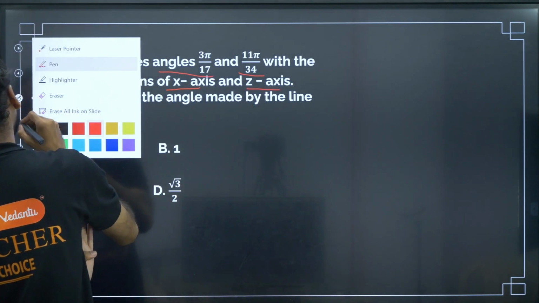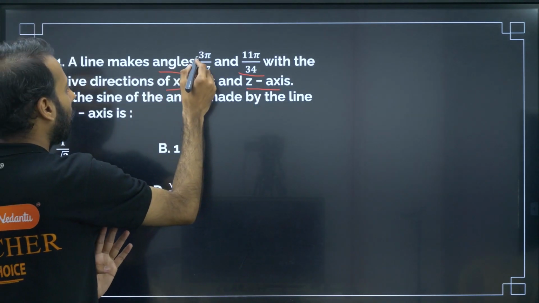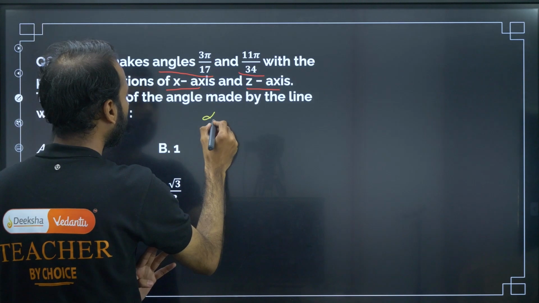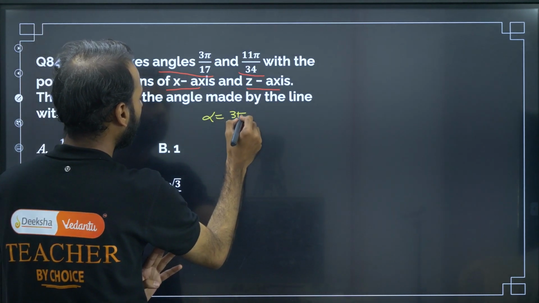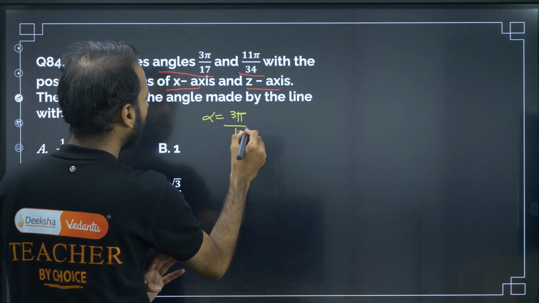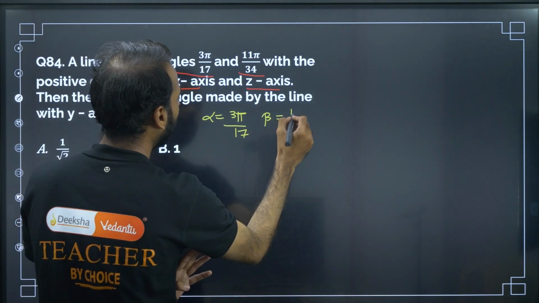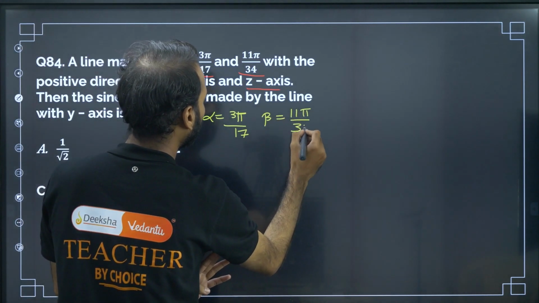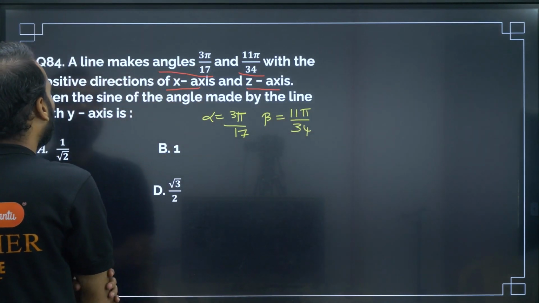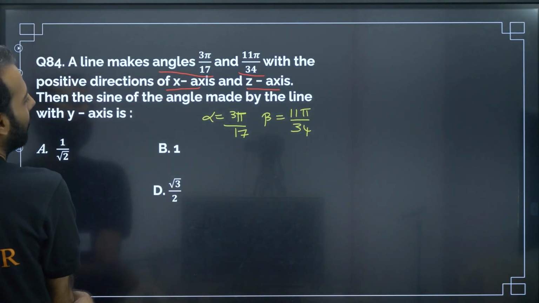So try to recall, whenever they are talking with x-axis, that means alpha is 3 pi by 17, and the angle with z-axis is 11 pi by 34.